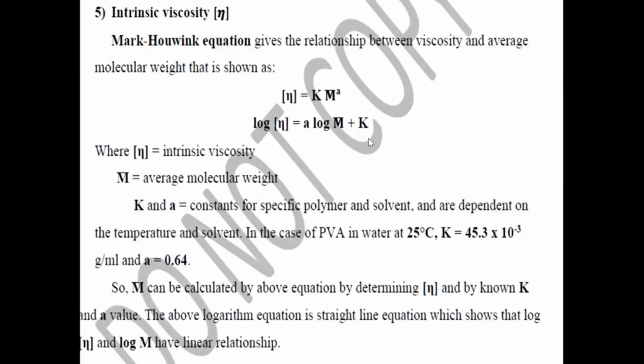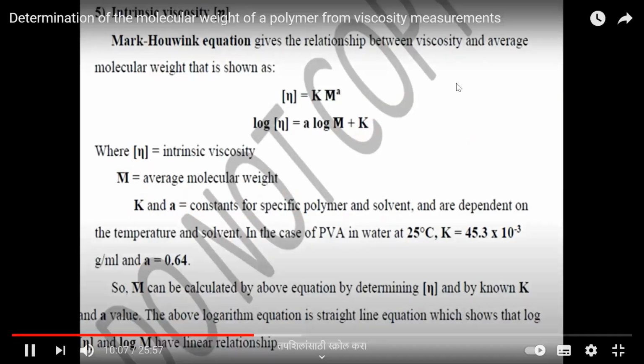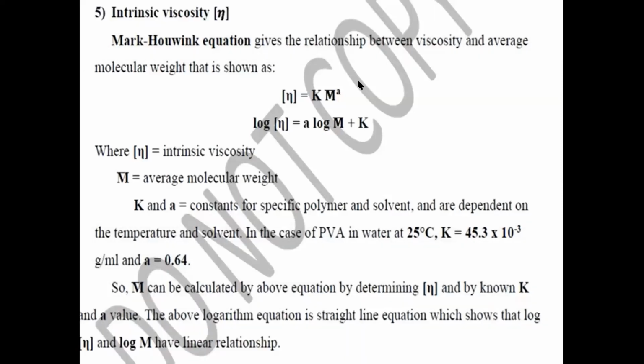But when we change to another type, for example, polyvinyl alcohol, we must change the constants. That means we have another a and another K for the different type of polymer.